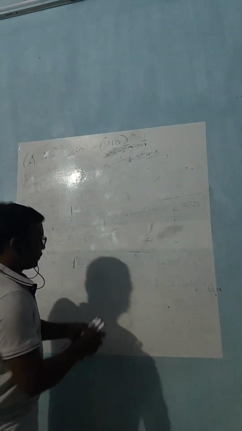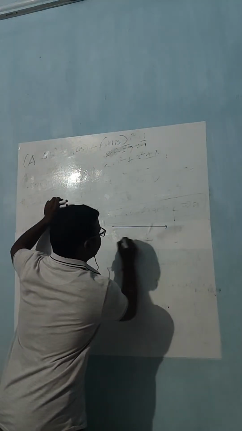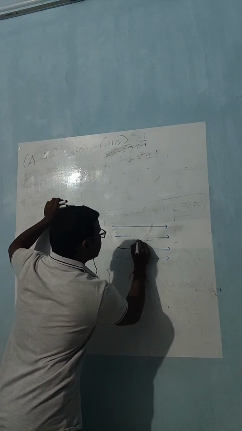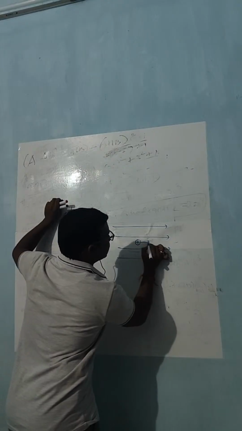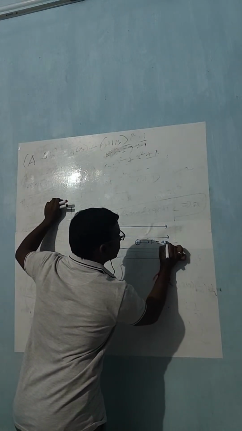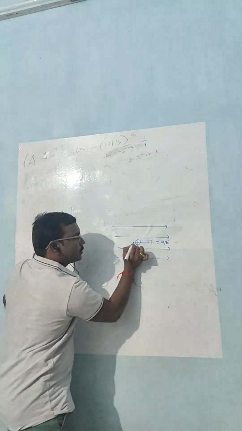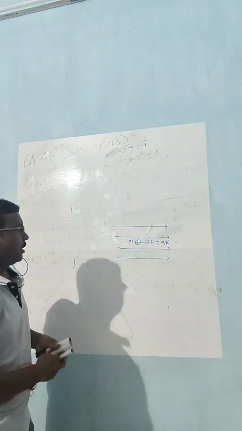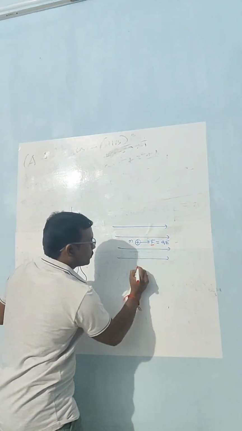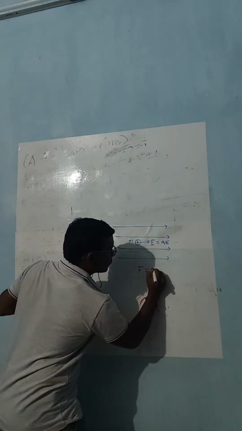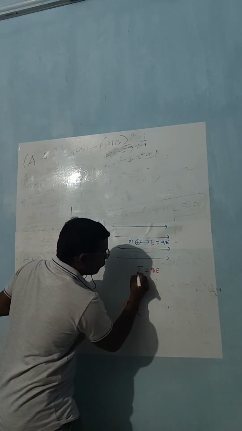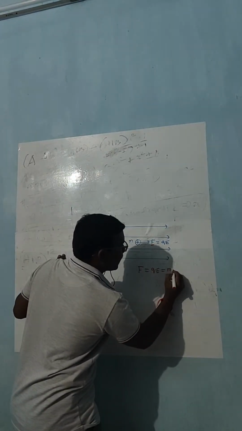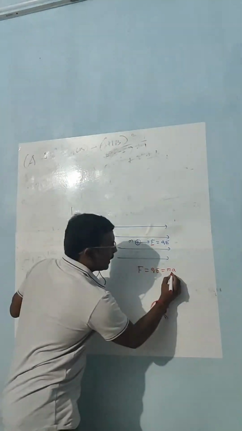Now let us see. This is the electric field. If I place a positive charge here, it experiences a force F equals QE. Suppose this charge has a mass m. From mechanics, force F equals MA, so it has an acceleration.